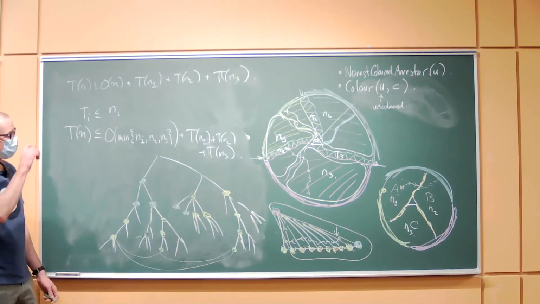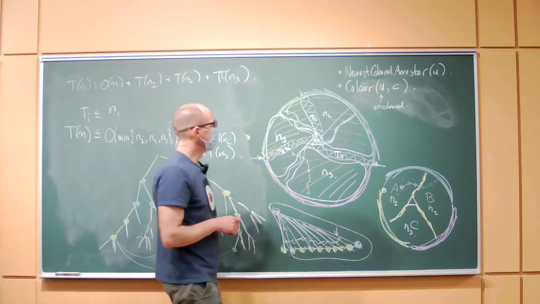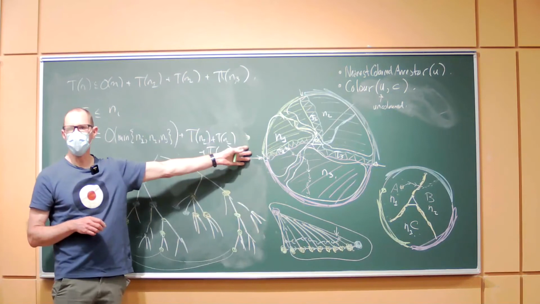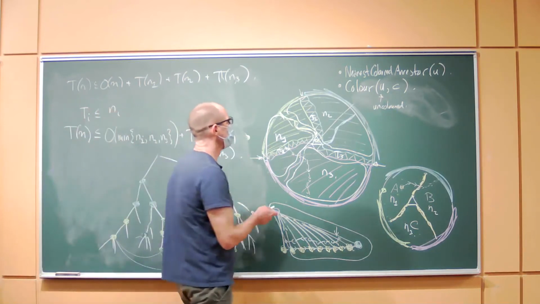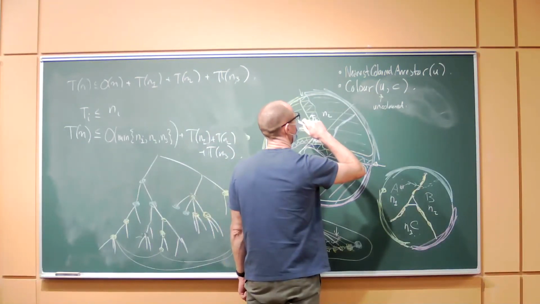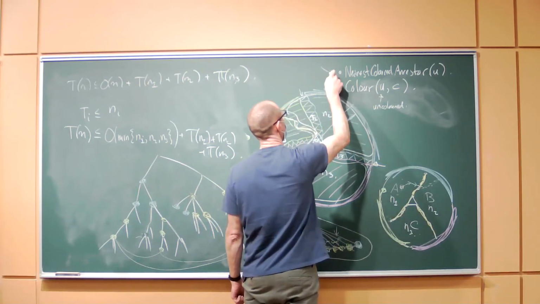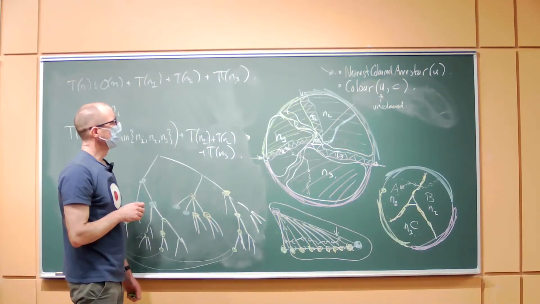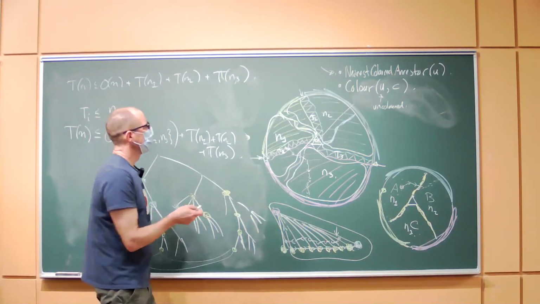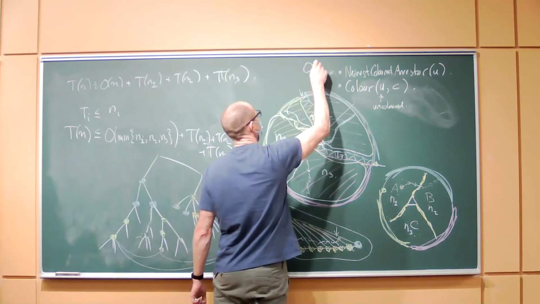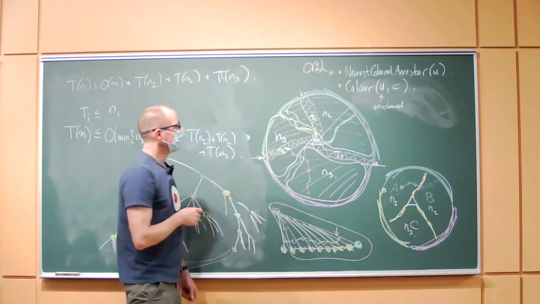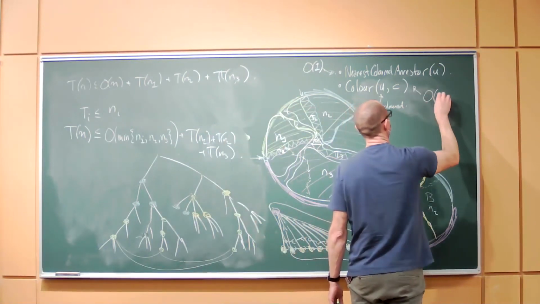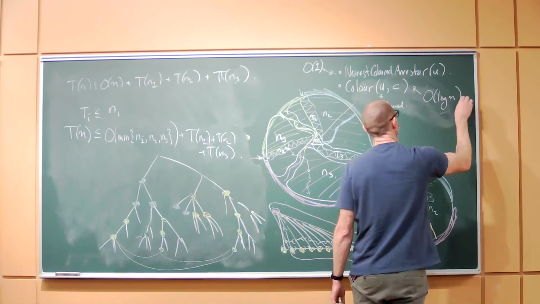If you can give me a data structure that does these things quickly, then I should be able to run this algorithm quickly. And in particular, let's say, ask for this I would like to run in constant time. And this one I will settle for O of log n amortized time.